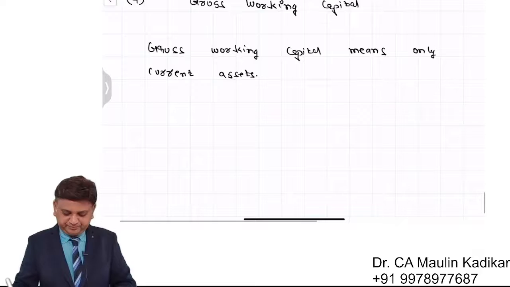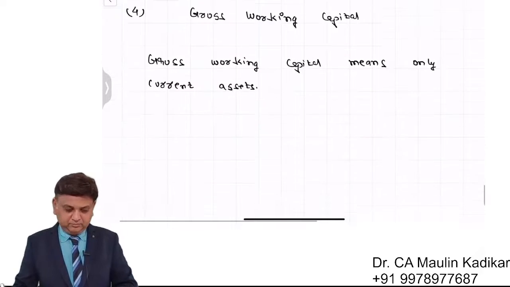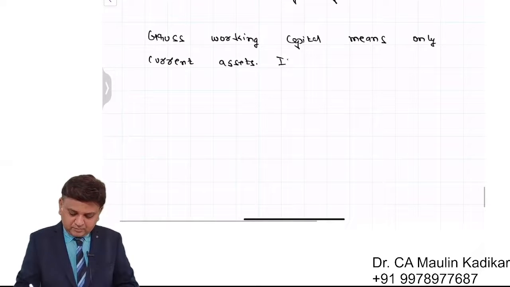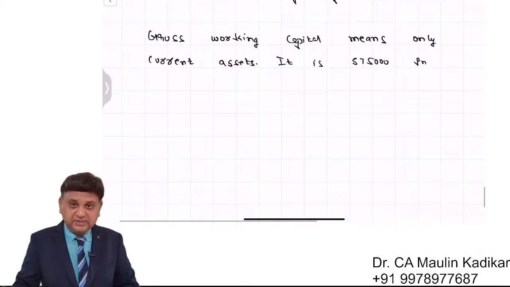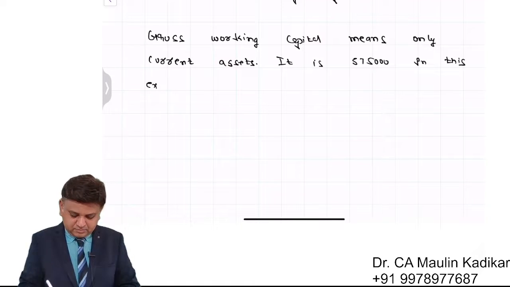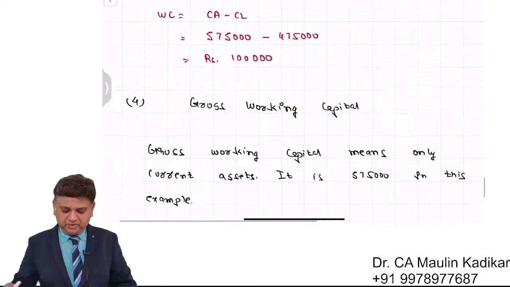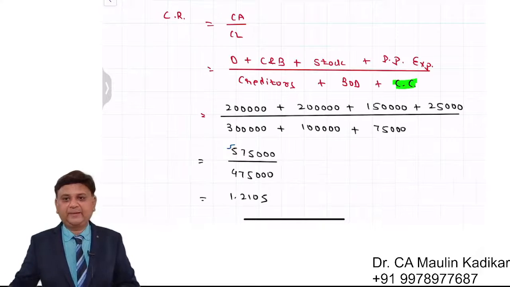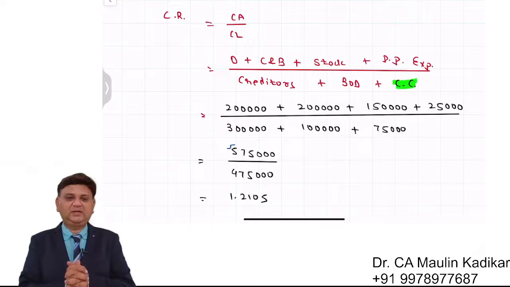Full stop. It is rupees 5,75,000 in this example. Write down the answer. So, summary of the answer.